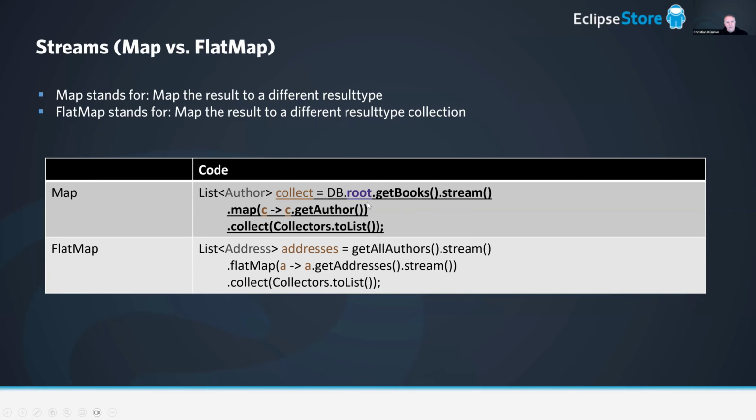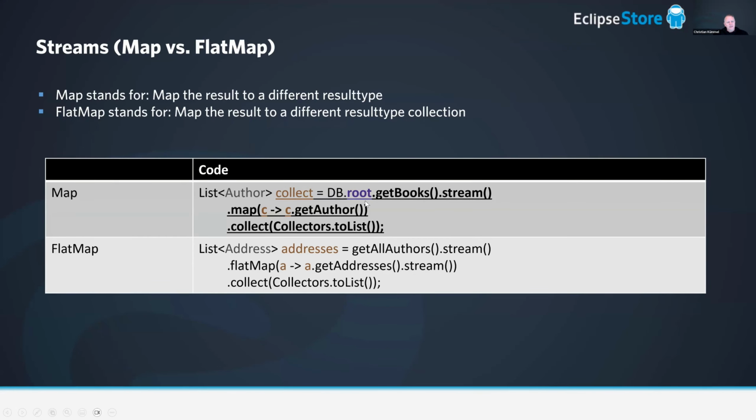We want to have the authors of all those books. Then we say, okay, let's stream through the books, and let's say .map, and map stands for mapping to a different result type. And that's why we say, give me c, let's say c is the name for the book, or c is the book itself. And then we say c.getAuthor, give me the author. And at the end, I made a decision that I collect that to a list.